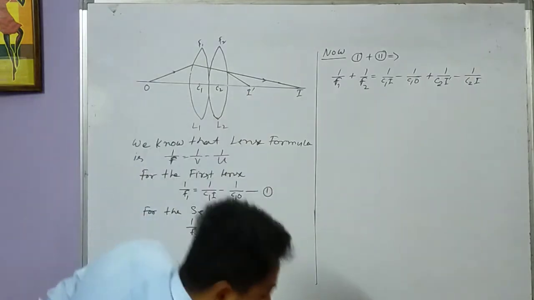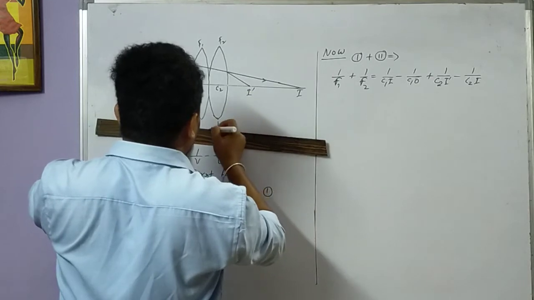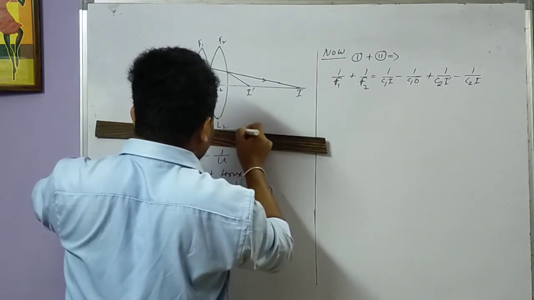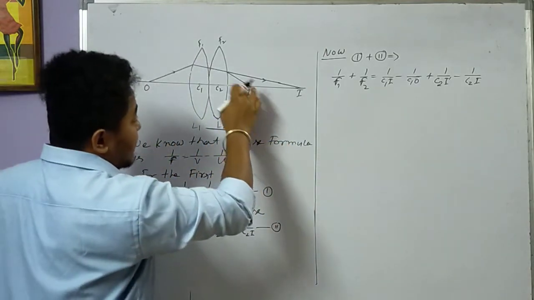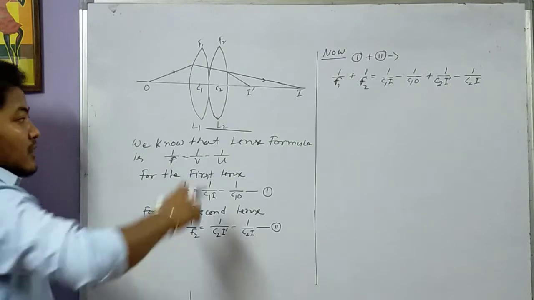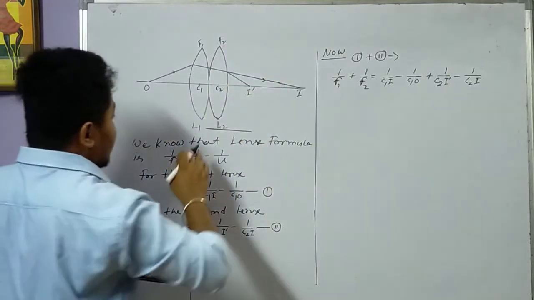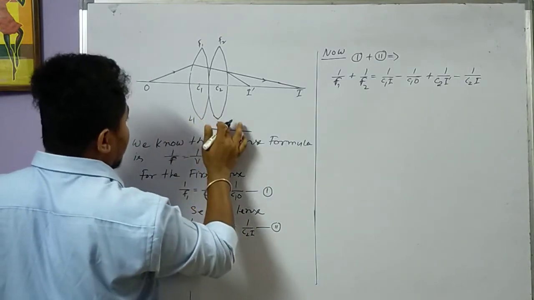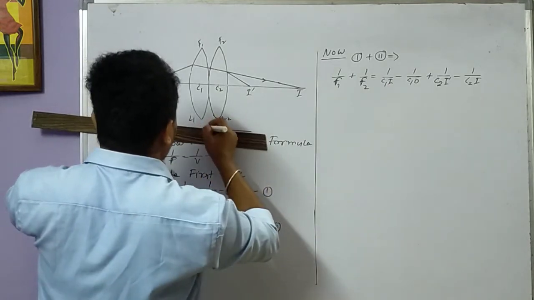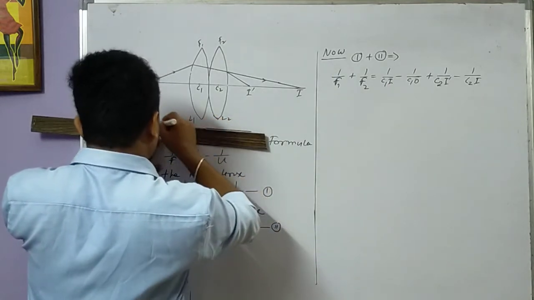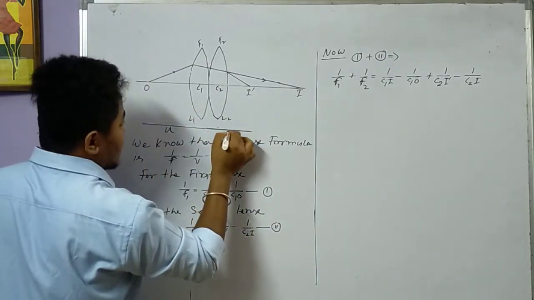So I dash is going to behave as the final image for this combined lens, and this is going to be the object distance for the combined lens. Please mind these two things. This is going to be your u and this is going to be the v.